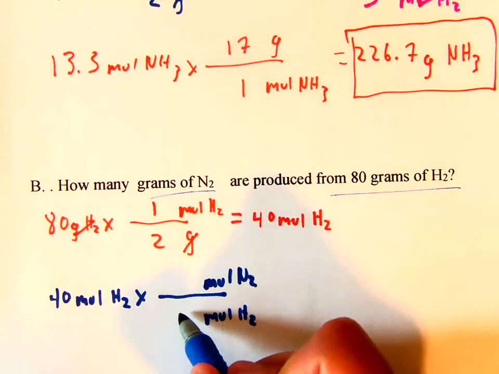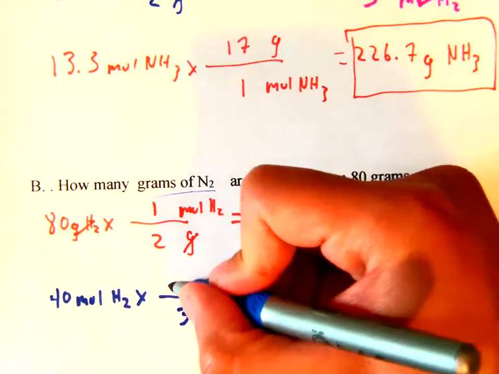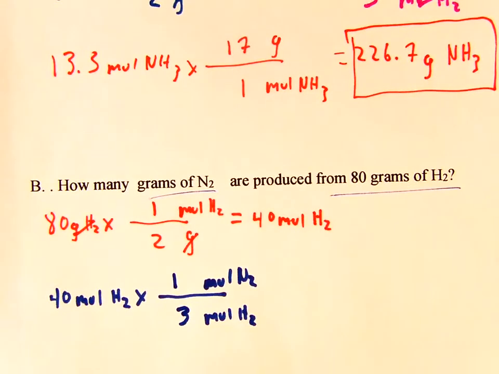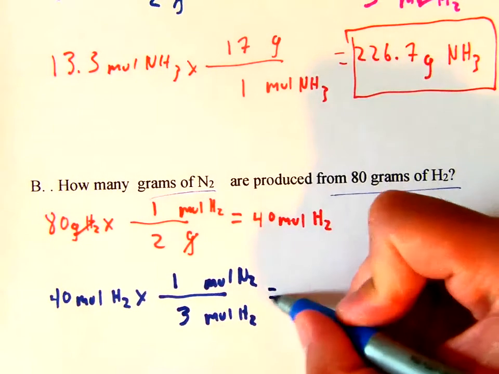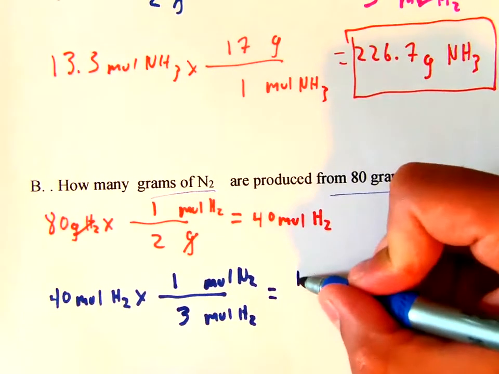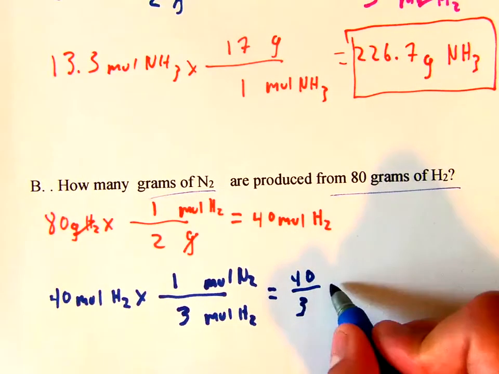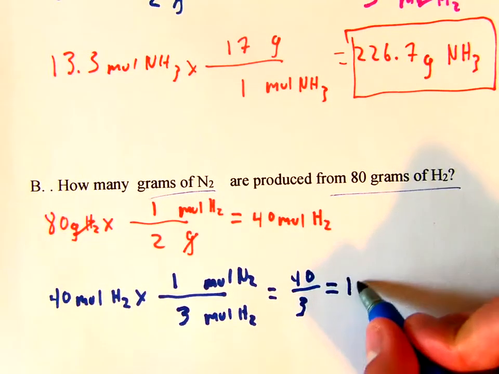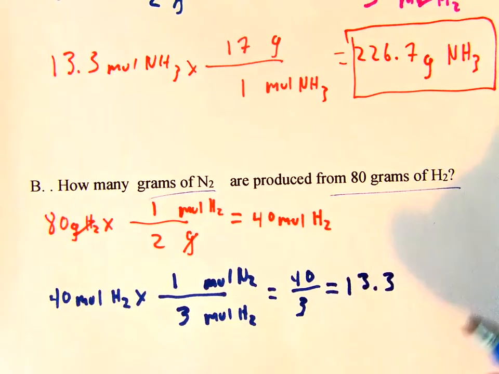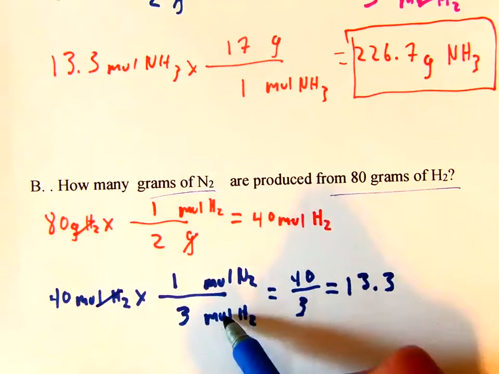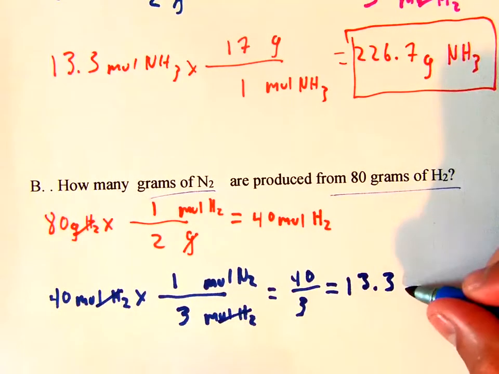So for every 3 hydrogens, I get 1 nitrogen. That gives me 40 divided by 3, which is 13.3.